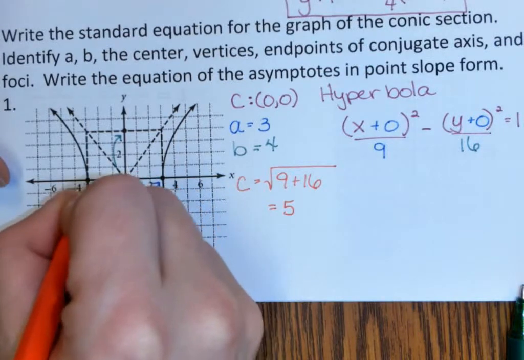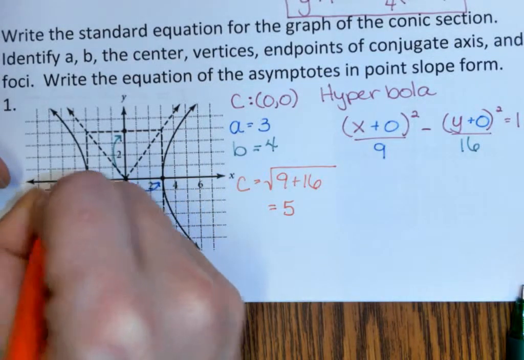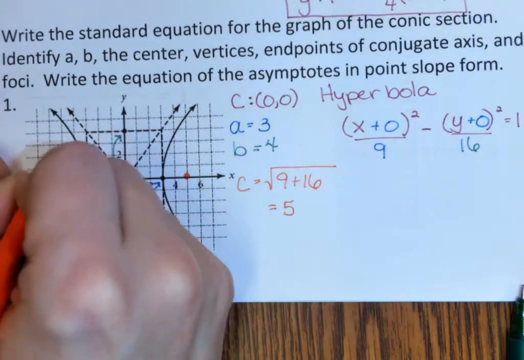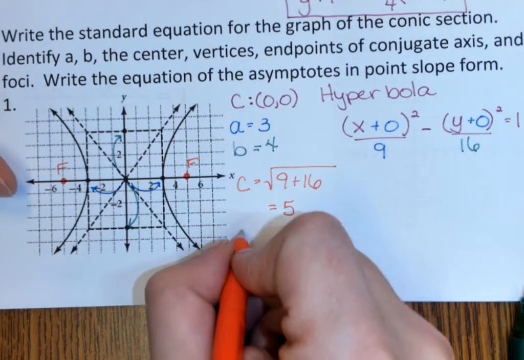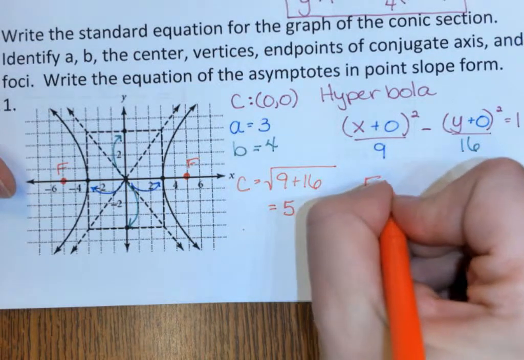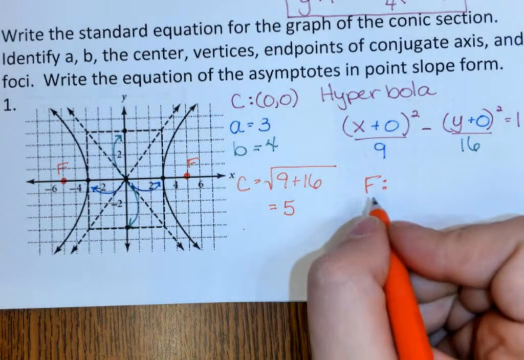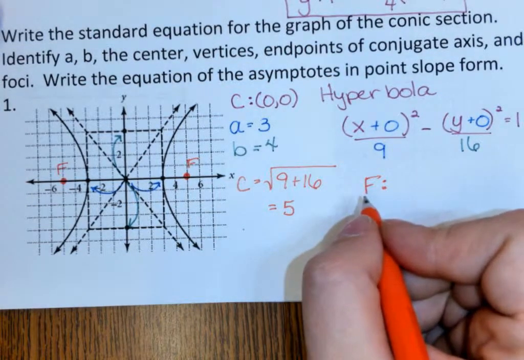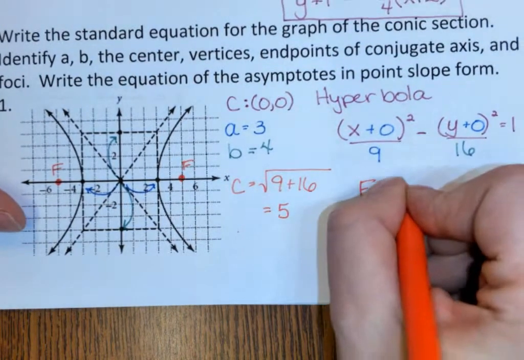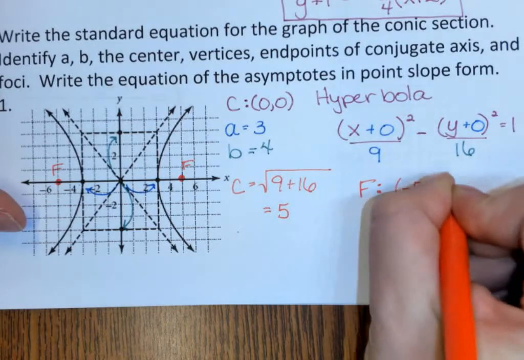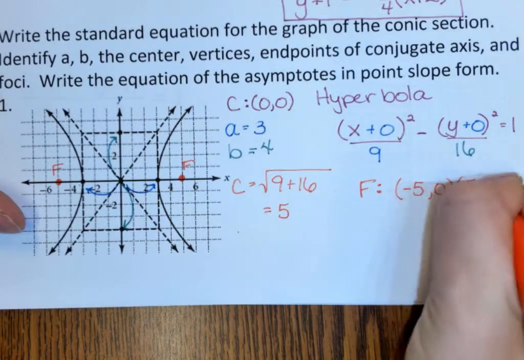So I'm going to go 1, 2, 3, 4, 5, and 5. There are my foci. And I'm going to add and subtract that from which coordinate to actually get the coordinates? x. Again, it's whatever one is first. So that means I'm going to have negative 5, 0, and positive 5, 0.